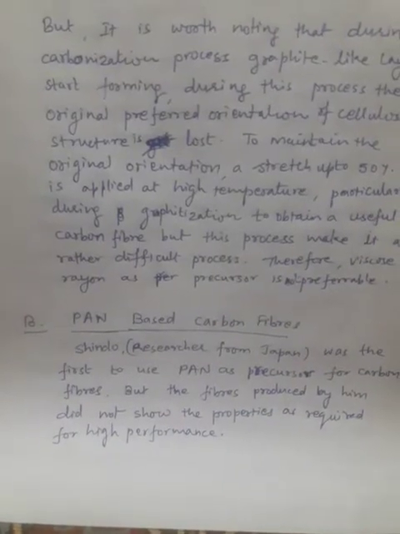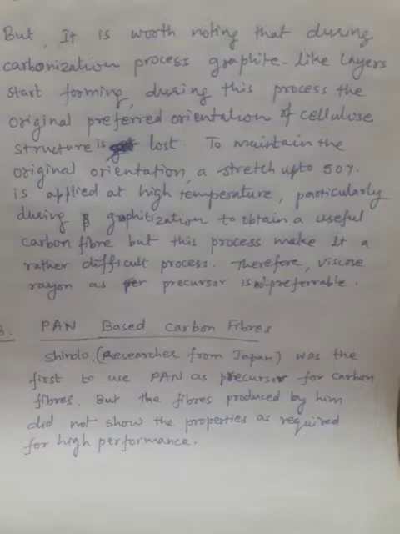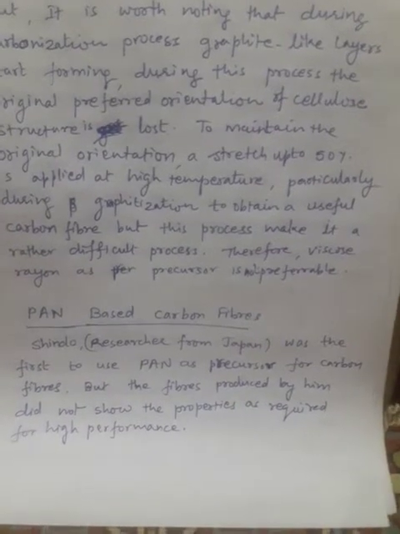PAN based carbon fibers. PAN based carbon fiber was first attempted by Shindo, a researcher from Japan, but the fibers produced by him did not show the properties required for high performance applications.